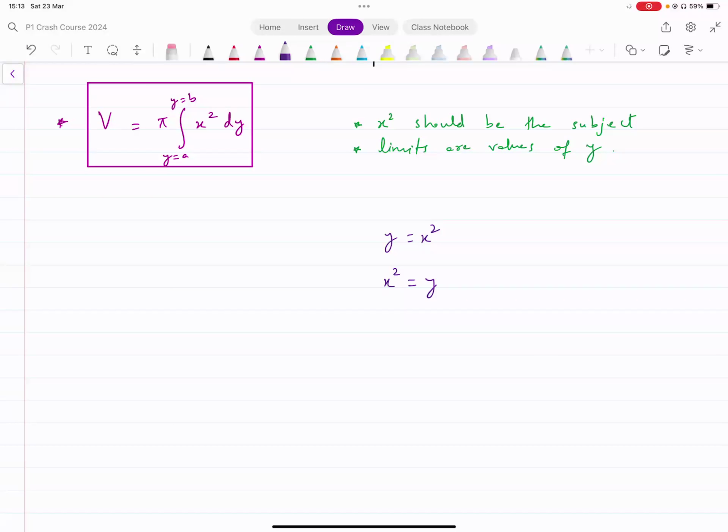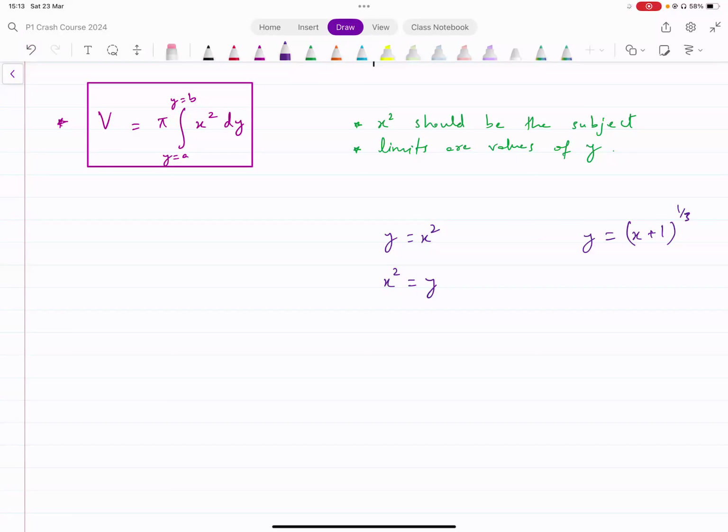If it was something else, for instance, if it was y equals x plus 1 whole raised to the power, let's say 1 over 3.